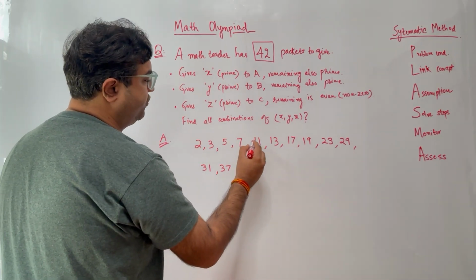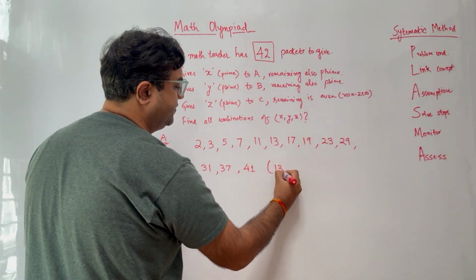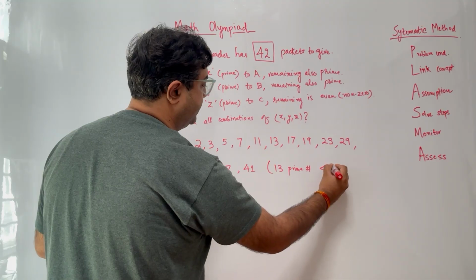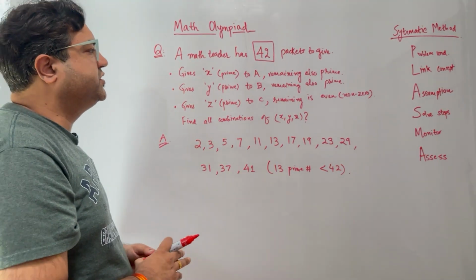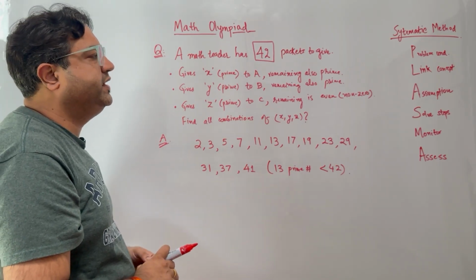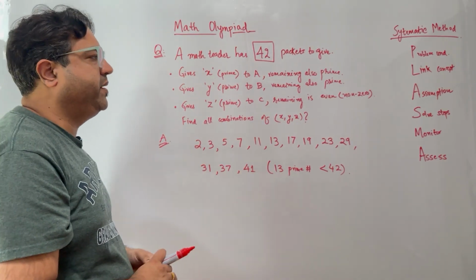Counting: 1, 2, 3, 4, 5, 6, 7, 8, 9, 10, 11, 12, 13. So there are 13 prime numbers less than 42. In terms of assumptions, so far we do not have any assumptions yet. It's just that we have to find different prime numbers.